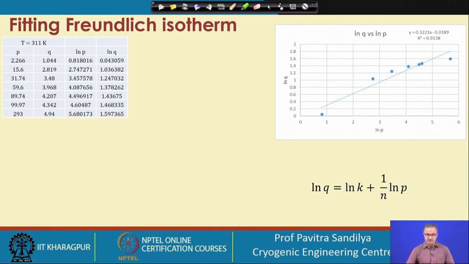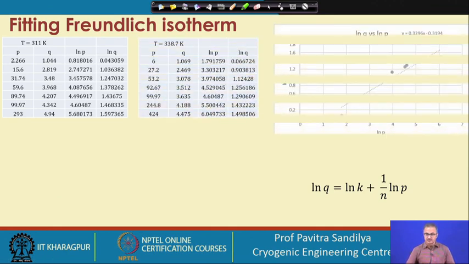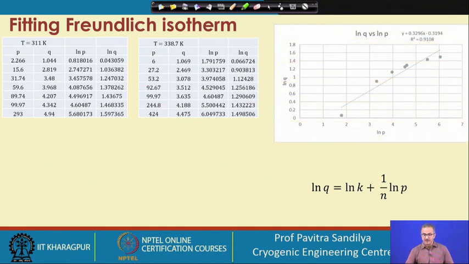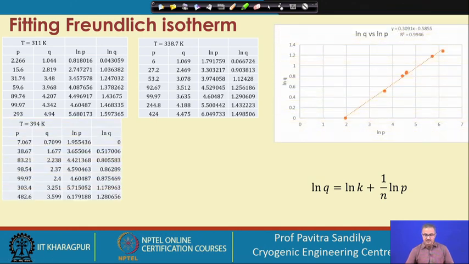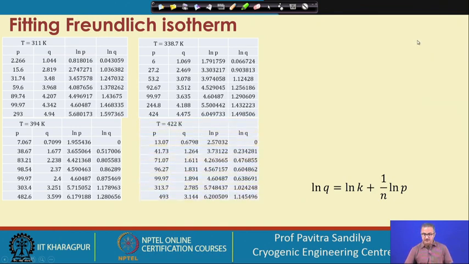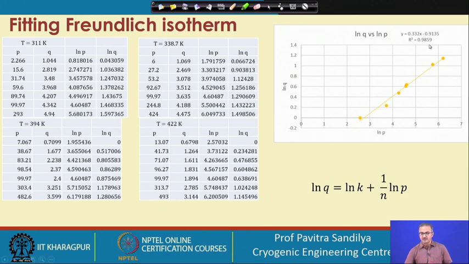So, now for this Freundlich, for the other temperatures also we find these plots, and again the value of r square is coming almost of the same order. In this case we find that at the higher temperature they are matching. Here also for higher temperature we are getting a very good match of 0.99, and if we go to still higher temperature we are getting a slight decrease, but it is quite good.